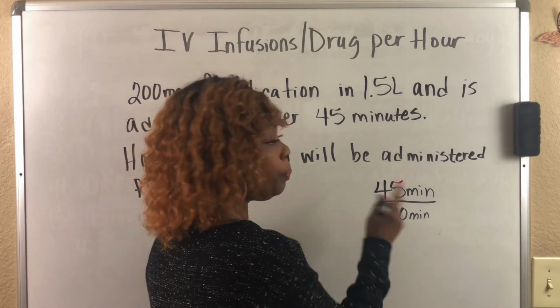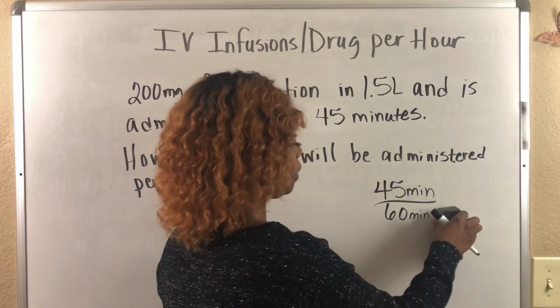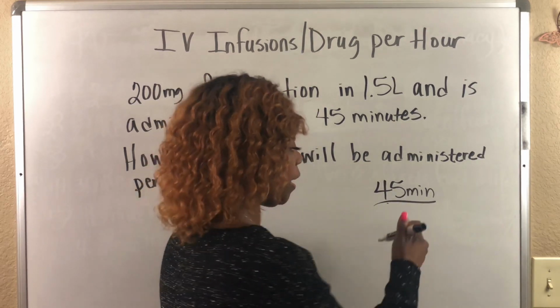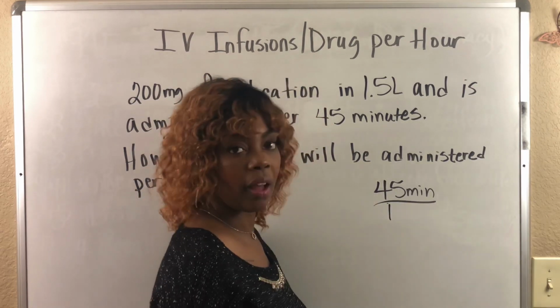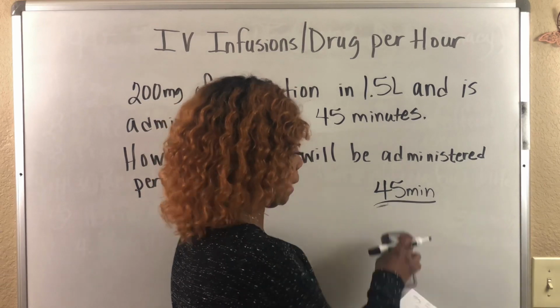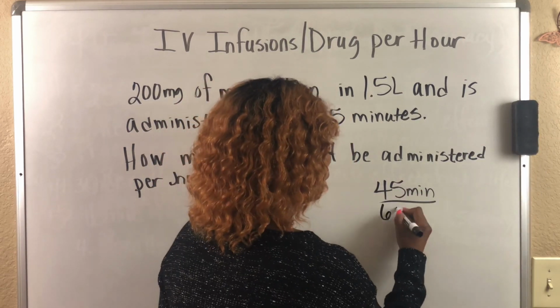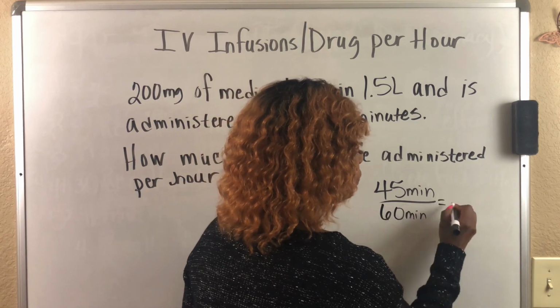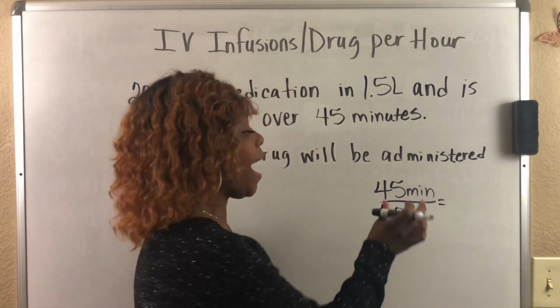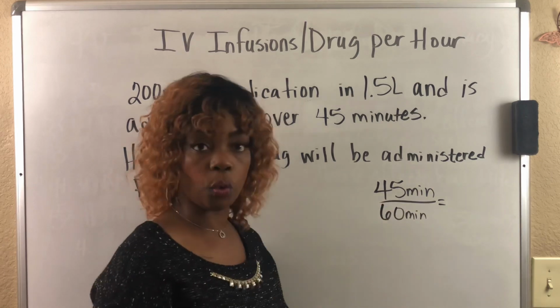Because if we were to put 1, we're back at 45 minutes. So that doesn't make any sense at all, okay? All right, so now we put our 45 minutes over 60 minutes, and we're going to divide that, and that's going to give us how many hours are in 45 minutes.